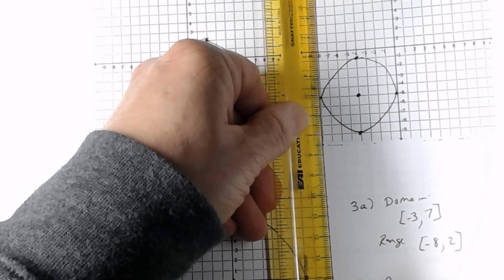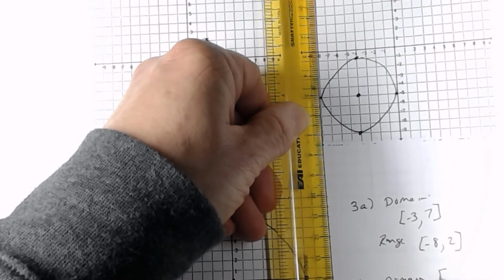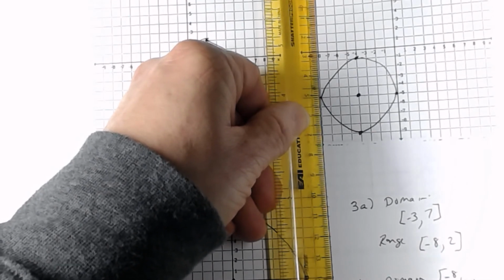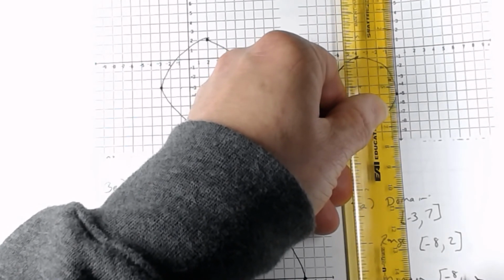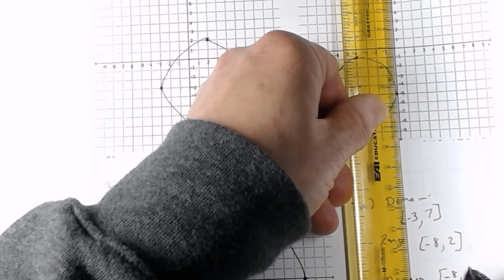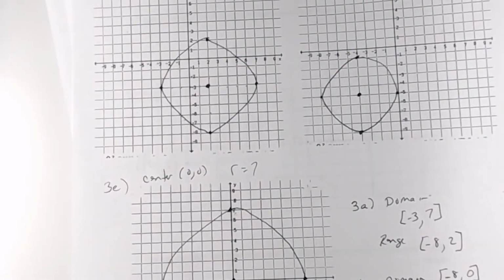So the domain will be bracket negative 8, comma, all the way to what? 0, right? Now, y'all said something different, and I said yeah, because I wasn't paying attention. What did y'all say? Negative 9 to negative 1? So someone said negative 9 to negative 1.